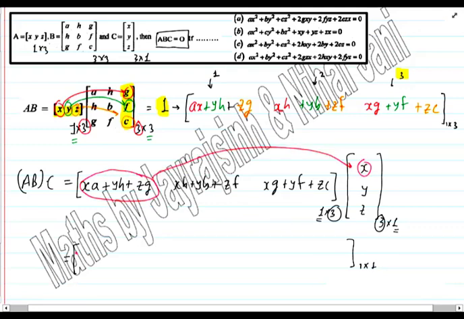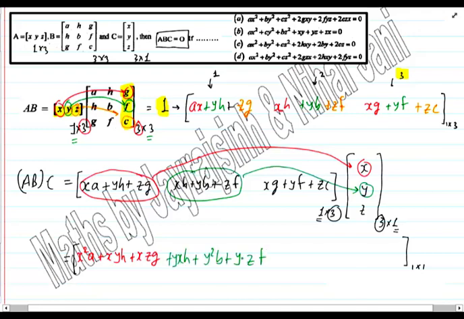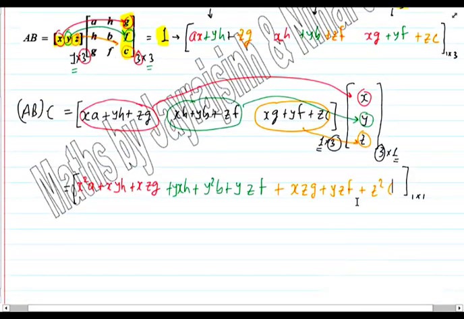So we will get x square A plus xyh plus xzg. Now the second element will multiply with y, and we will get xyh plus y square B plus yzf, plus the last element multiplied with z, and it will give us xzg plus yzf plus z square C.